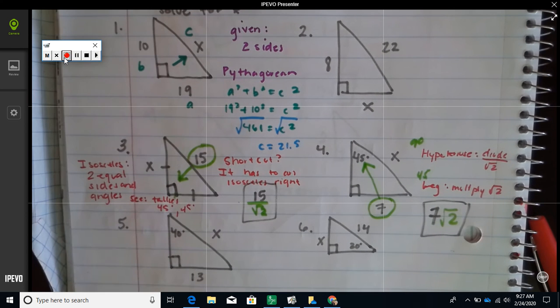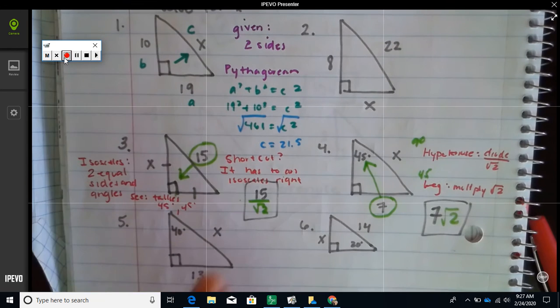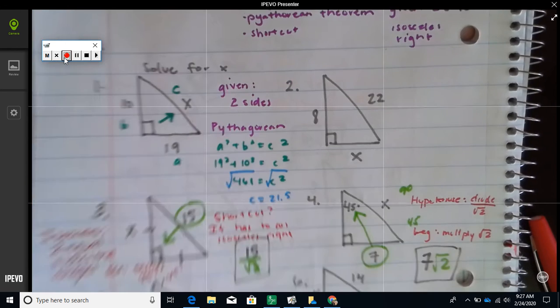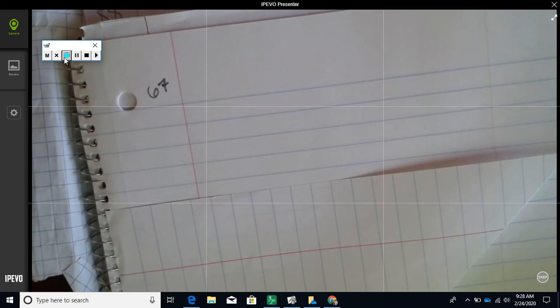So because we cannot solve it with the two methods, we're going to have to solve it with the third method called trigonometry. So this is on page 67. Please copy the notes for trigonometry. I will sometimes shorten it and abbreviate trigonometry, and I'll say trig.